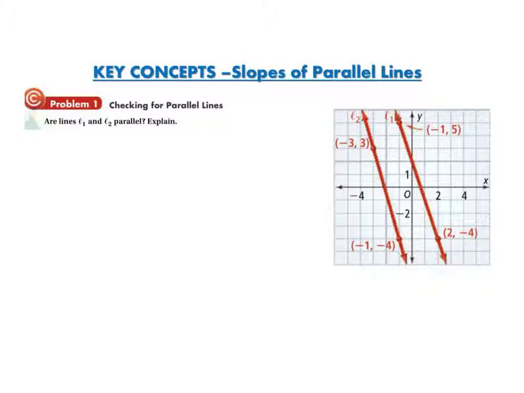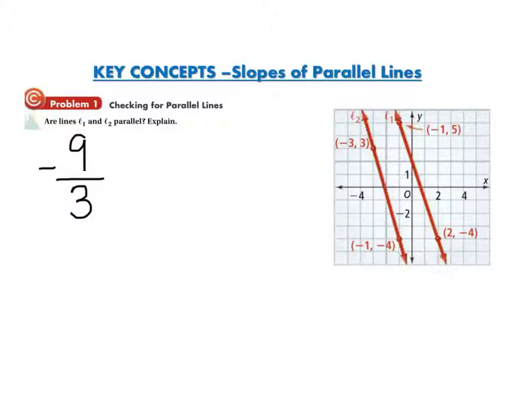So line 1, the y values, the difference between 5 and 4 is 9 spaces. And remember that we know the slope is negative. And the difference in the x values is 2 to negative 1, and that's 3. So the slope on that is negative 9/3 or negative 3. Now look at line 2.